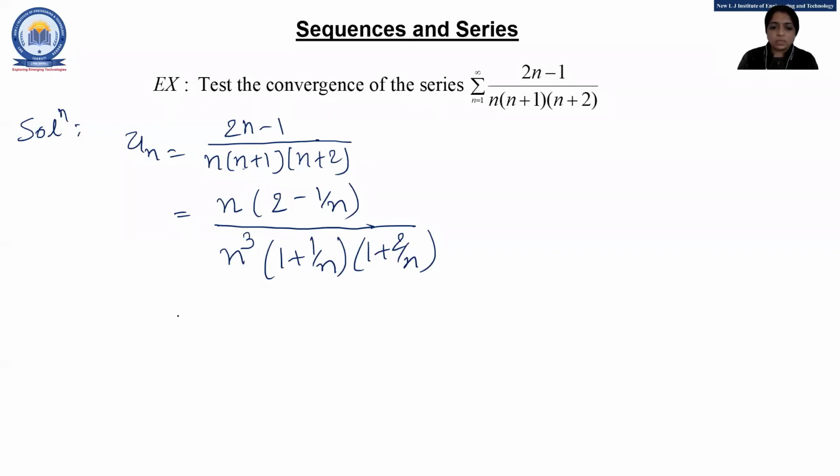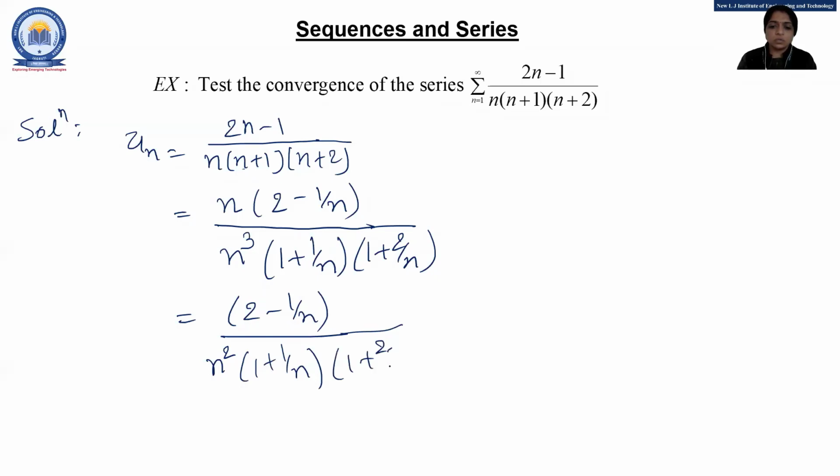After simplification, I have 2 minus 1 by n. One n will be cancelled out from the numerator and denominator, so the remaining term is n square, times (1 plus 1 by n) and (1 plus 2 by n).